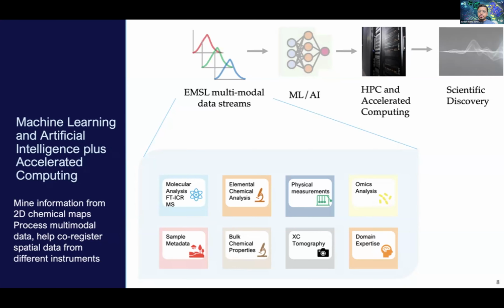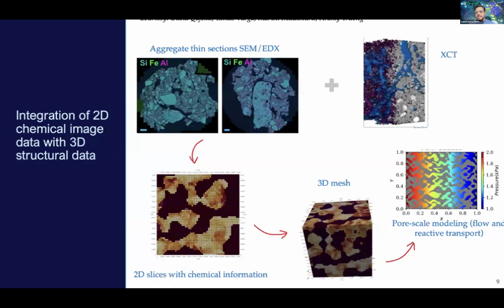So I will highlight a few examples in the chemical imaging space, the next set of slides that we've been working on and investing in. The first example is the integration of 2D chemical image data with 3D structural data. In this case, I'm showing an example of image chemical data coming from SEM EDX, and then the structural data coming from XCT.